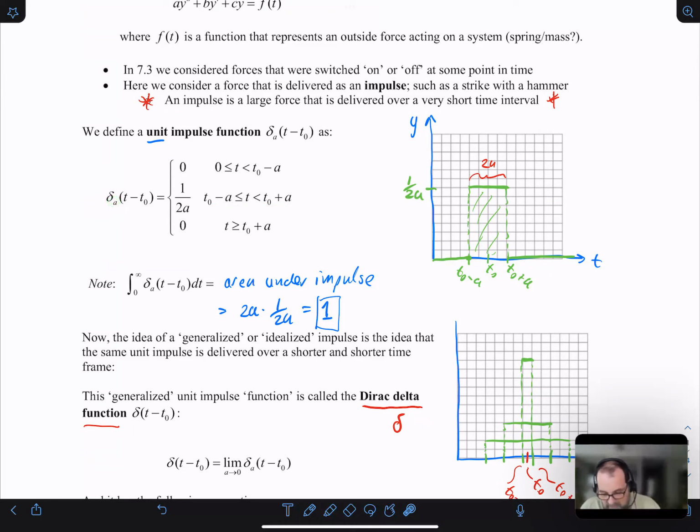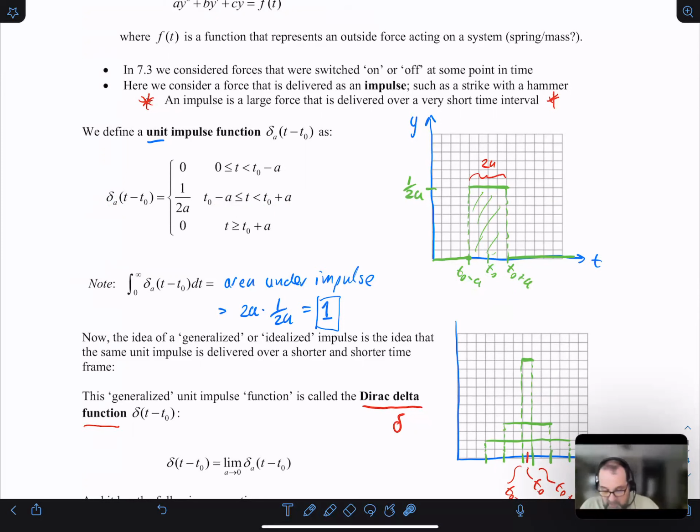We have an impulse centered at time t0, and the impulse starts at t0 minus a and lasts until t0 plus a. In theory, this is a very short time, but the interval has a length of 2a.